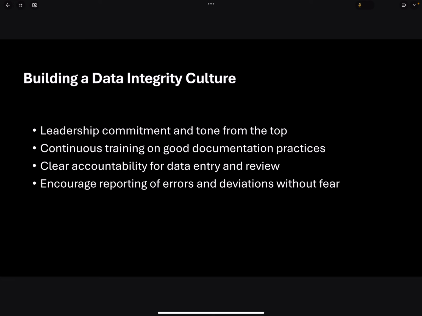And finally, accountability. Every employee should feel responsible for the data they generate. Remember, integrity is not enforced by SOPs alone, it's built through culture.